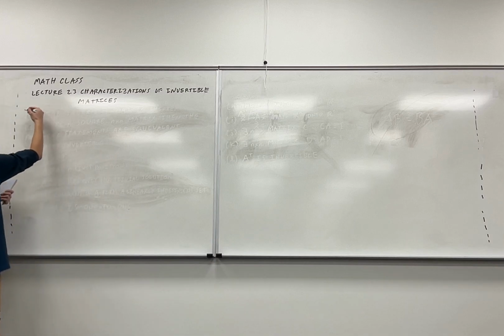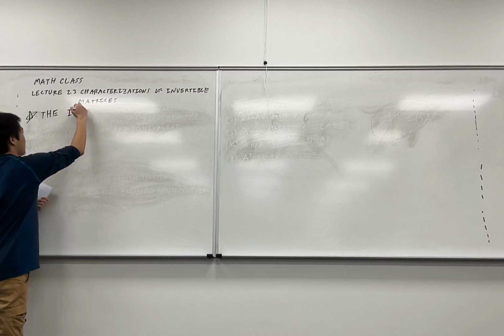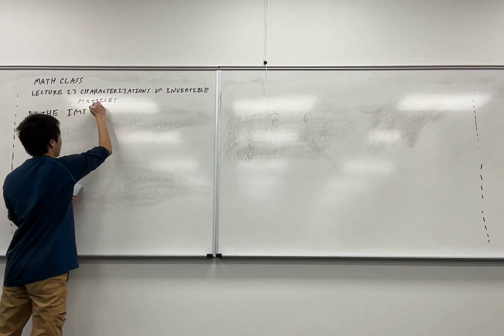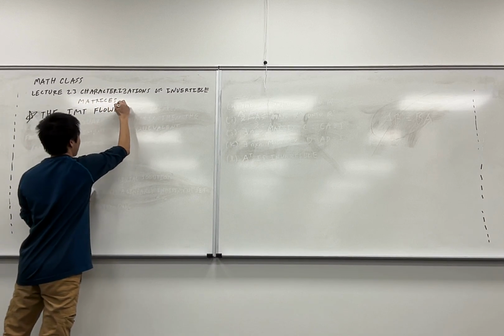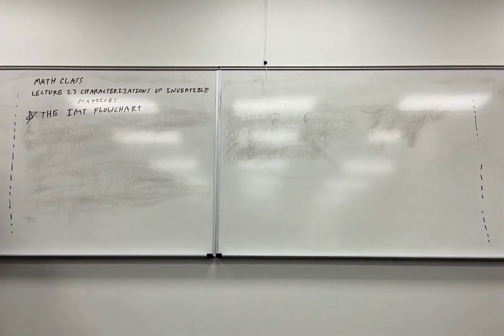Who likes flowcharts? Okay. The Invertible Matrix Theorem flowchart. I like the flowchart, because it's going to take two whiteboards of information, and it's going to condense it into something that actually makes more intuitive sense, I would hope, than just brute force memory.